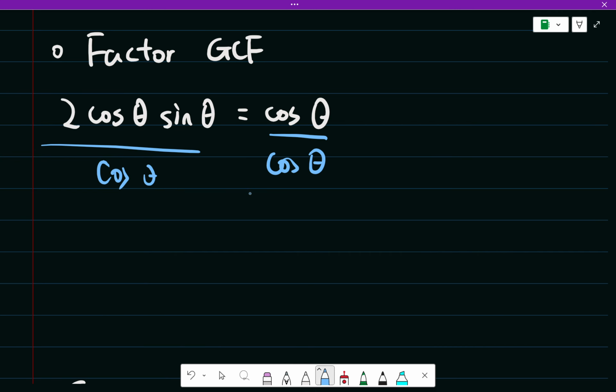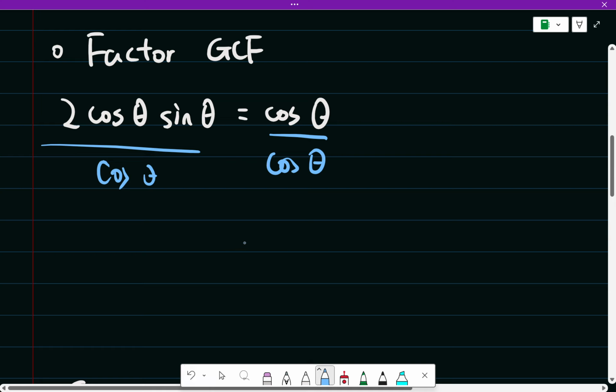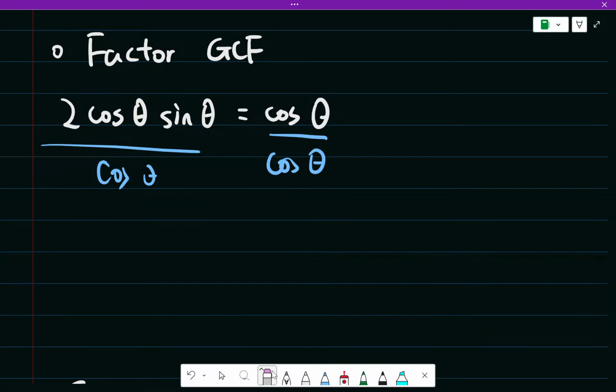So we can cancel this, so we will have 2 sine theta is equal to 1. However, by doing so, we are automatically assuming that cosine theta cannot be 0, but that is not specified or implied in the question itself.